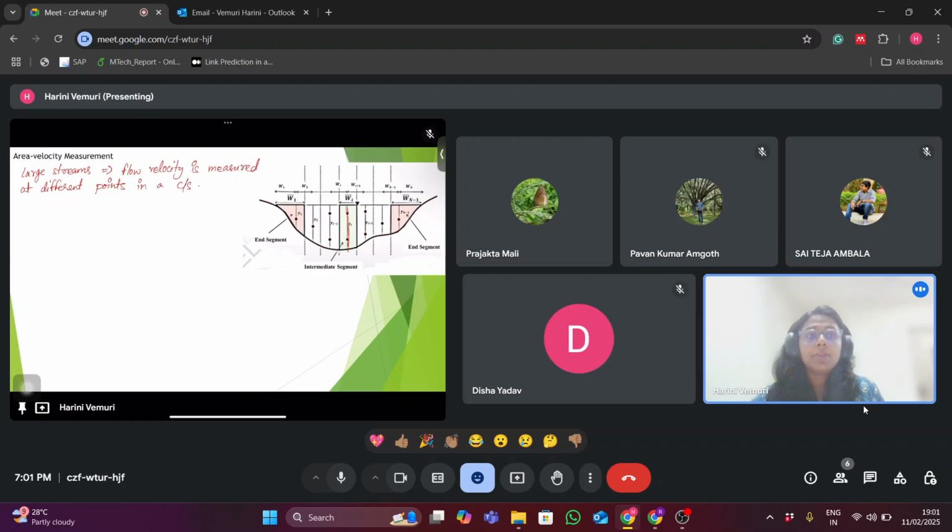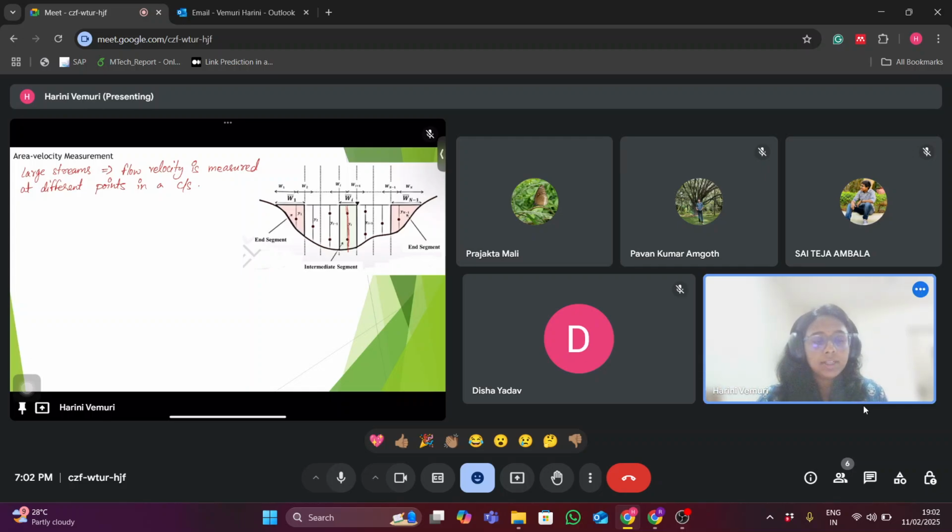So how do we know whether the stream is shallow or deep? Based on the depth, right? How do we measure the depth? Using sounding rods or sounding weights, we can measure the depth of the stream in case of shallow streams. In case of deep streams, we have to use an echo depth recorder.